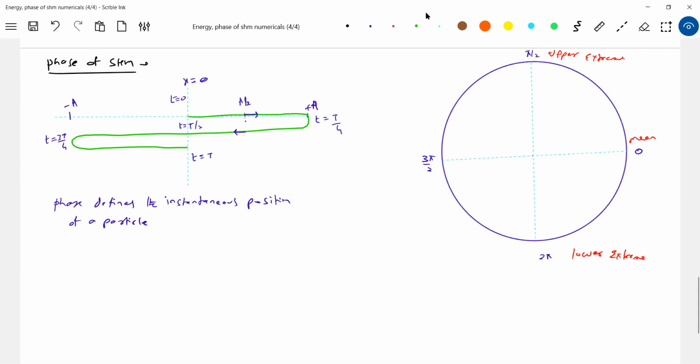Let's do one thing. For the particle at a by 2, plus a by 2, shall we put it here? So this distance is the amplitude, and this is plus a by 2. Shall we indicate plus a by 2 here?